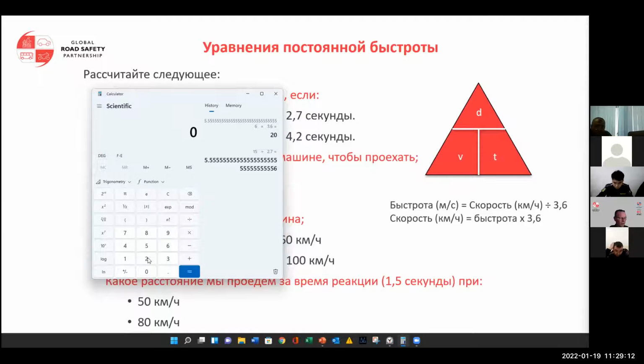So the witness says 20 meters, it's our distance, and it took 2 seconds. So divided by 2 equals 10 meters per second. To make that speed, multiply by 3.6. Tells us that that witness estimates that vehicle to be traveling at 36 kilometers per hour.